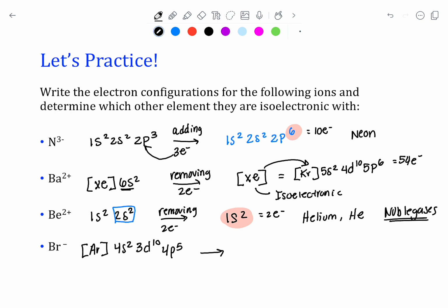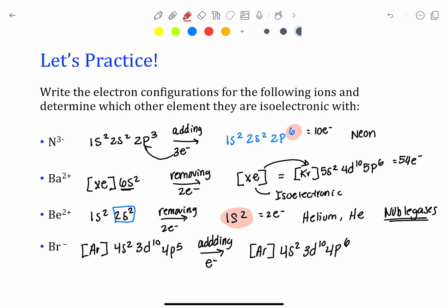And if we're doing Br minus, that means we're adding an electron, because the minus tells us that we have more electrons than protons, so we have to add electrons on. So this then becomes argon 4s2, 3d10, 4p6.